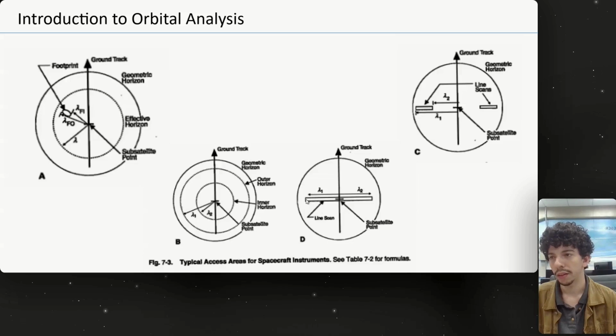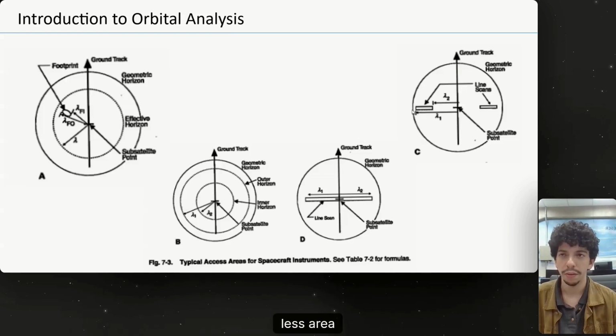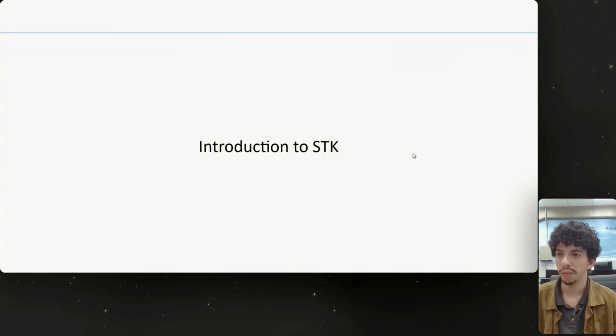And in this area, we have a line area of access for this satellite. We compare this sensor, which is a big area, okay? In this case, it's a smaller area for access.